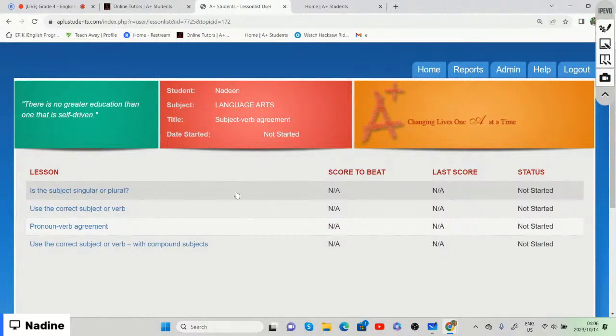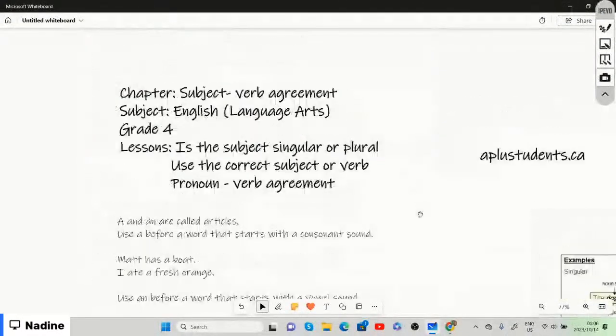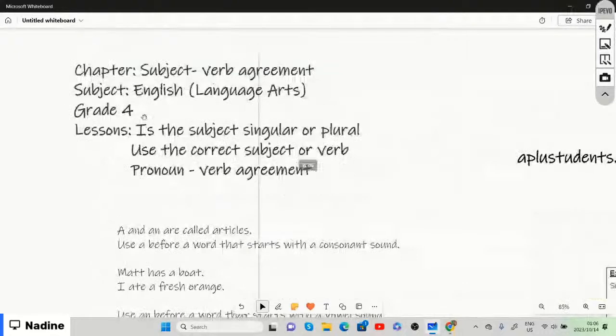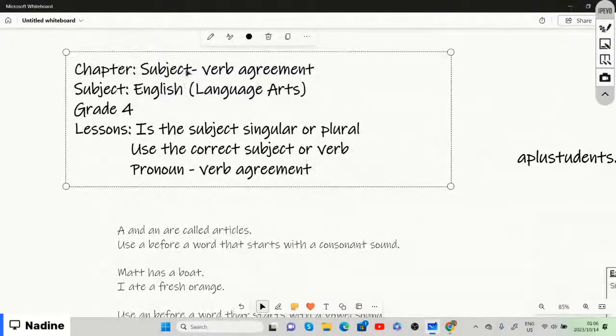All right, so we are now in the chapter of subject verb agreement. The subject is English language arts, grade 4. And the lessons that we are focusing on today are: is the subject singular or plural?